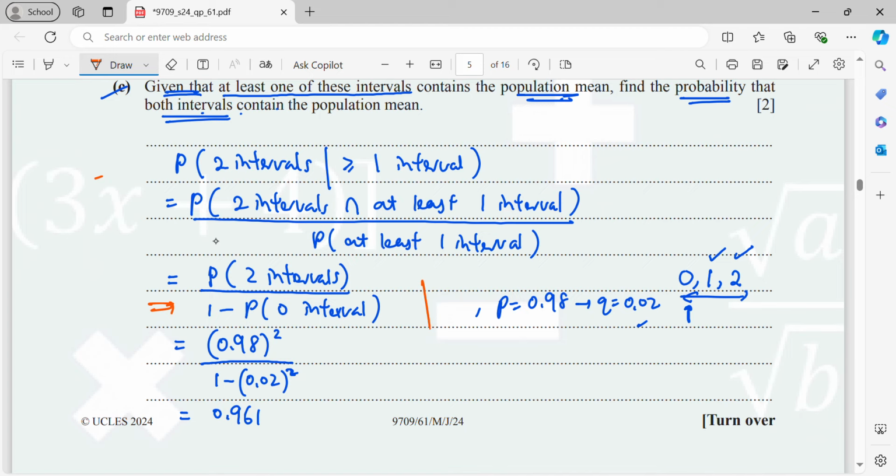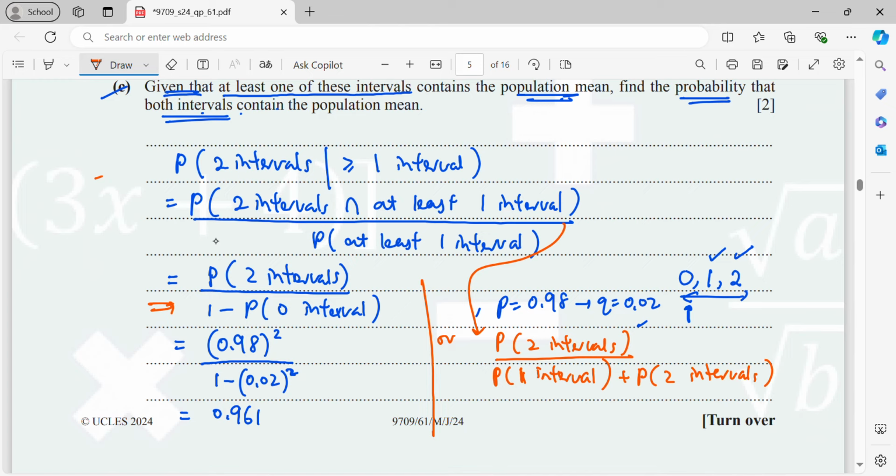Or another method is, okay, right after this step, you just write P two intervals over at least one interval, which means probably one interval contains the population mean, plus two intervals contain the population mean. Okay, so now two intervals will be 0.98 squared.